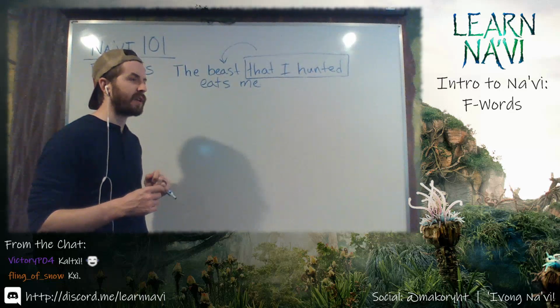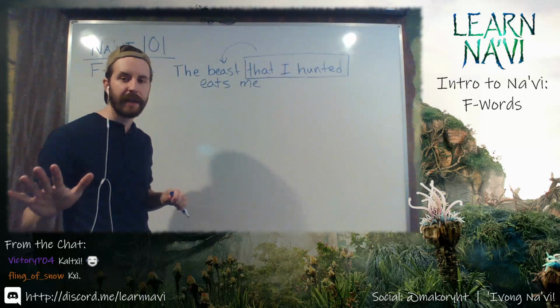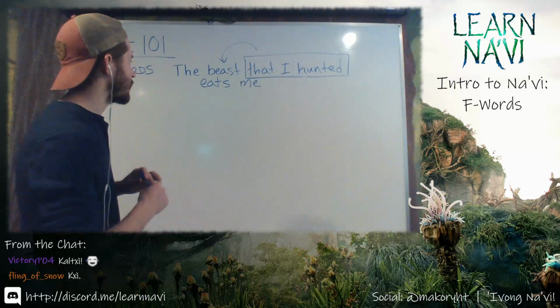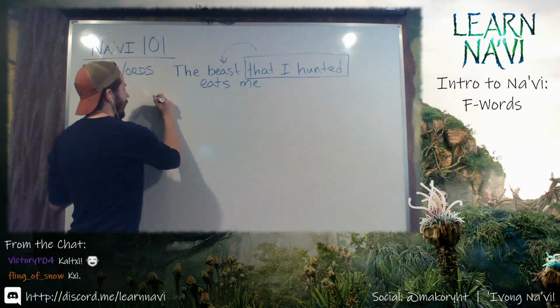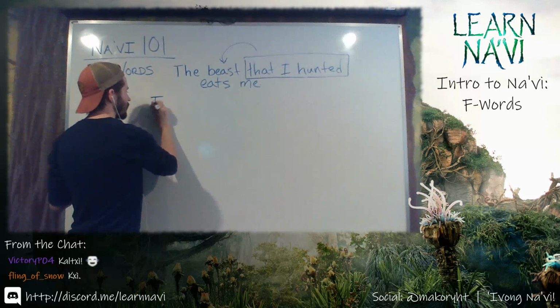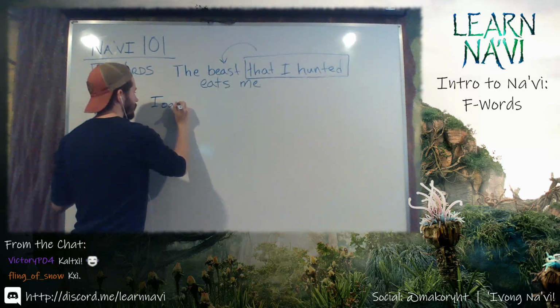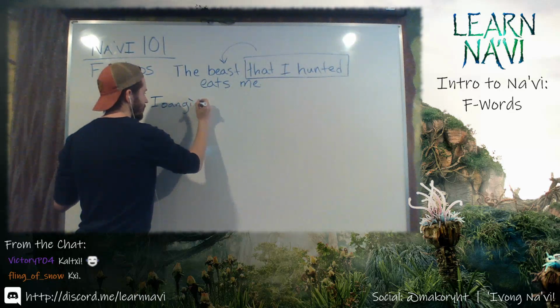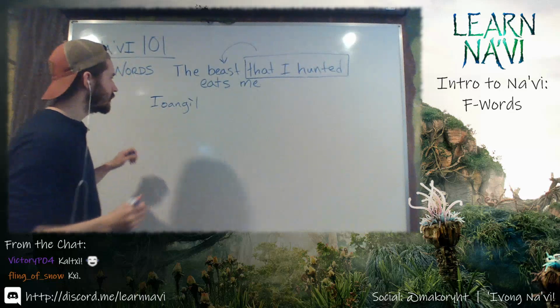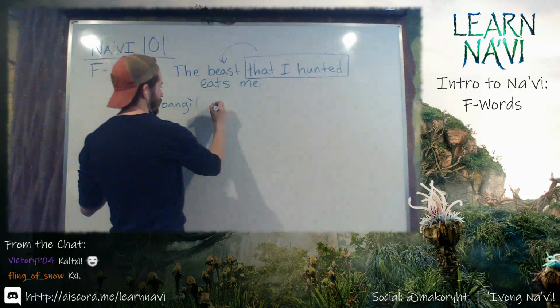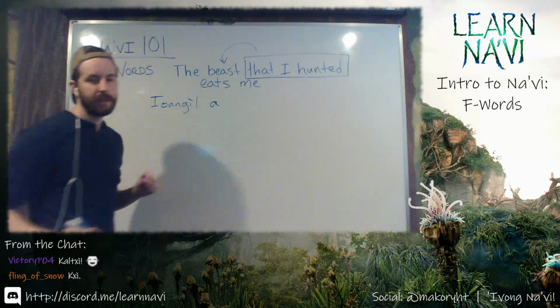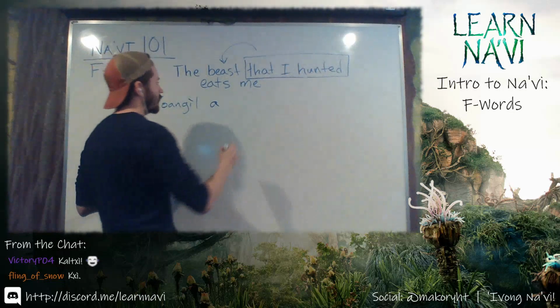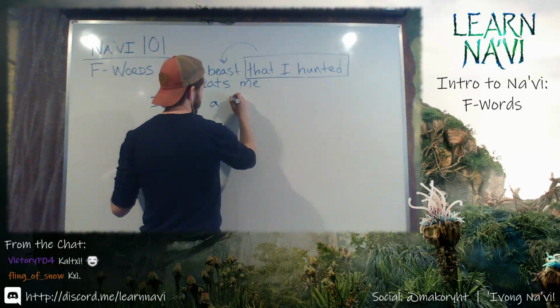I'm starting with showing you how the phrase attribution works, but that's okay because we'll get there in a second with the F words. So, Ilan. And it's the subject of our sentence, so it's going to take the subject ending il. Iwang il, hunted.